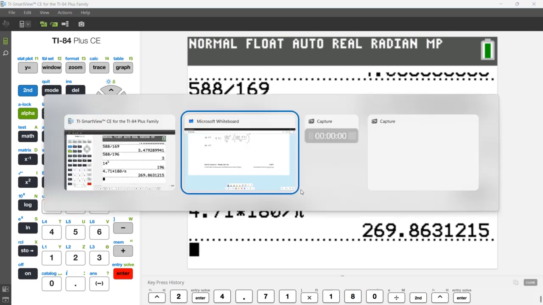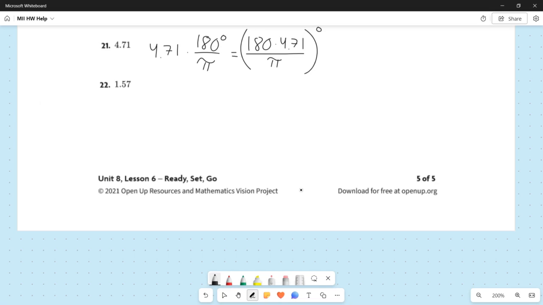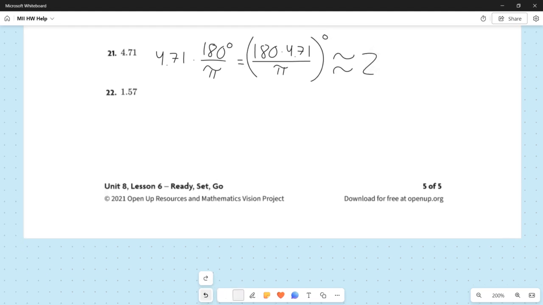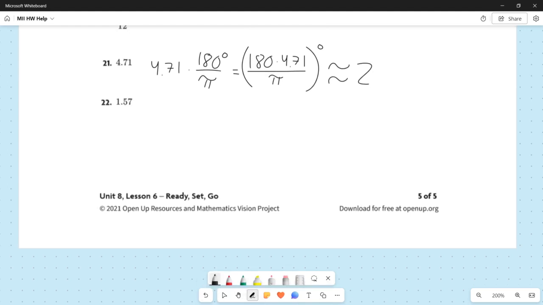So that's actually the answer that I'm going to give here, because the directions did not say how to round. So I can actually just choose however I want to round. So this is approximately 270 degrees. That's our answer.